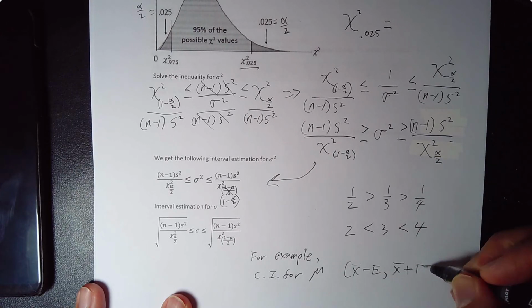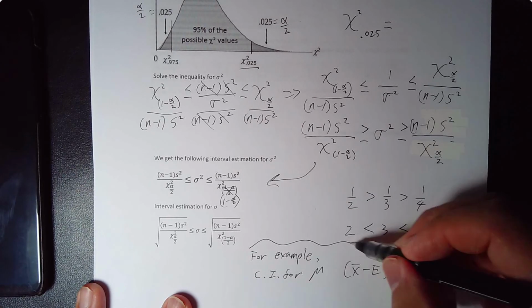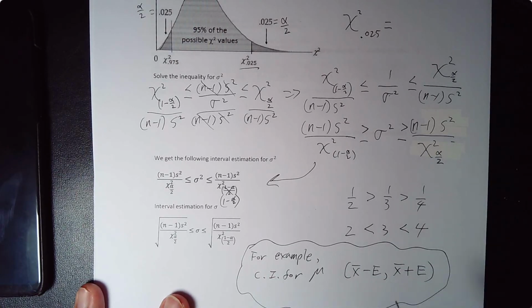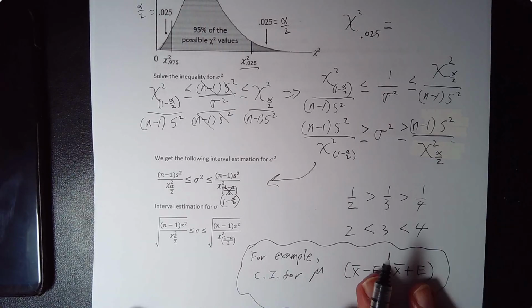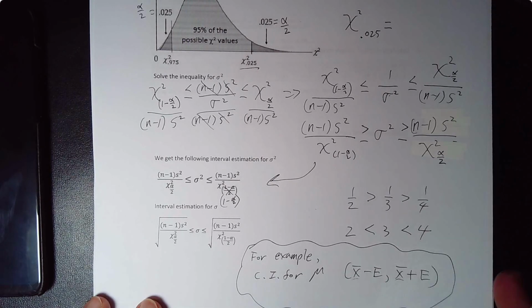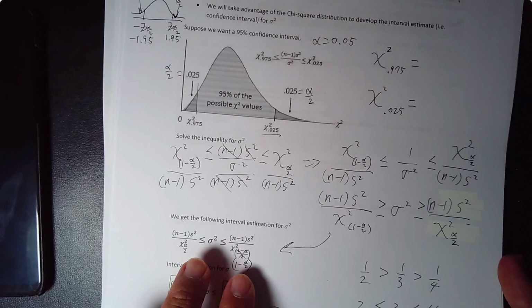This seems like a simpler formula, but the reason it's simple is because a normal distribution is symmetric, so the point estimate x bar will be centered in the middle. But a chi-square distribution is not symmetric. Therefore, we need to use this formula to get the upper bound and the lower bound.